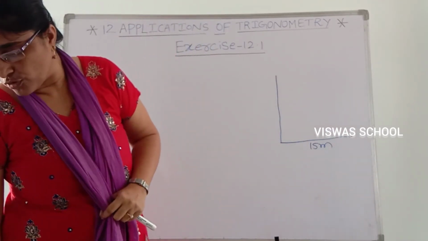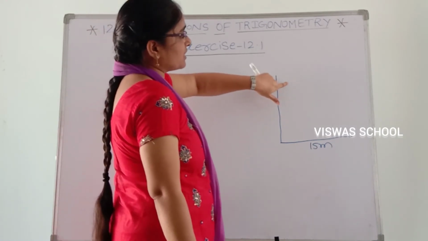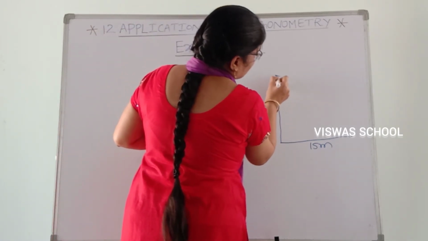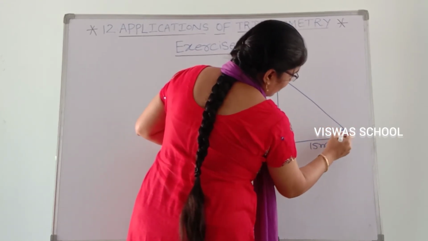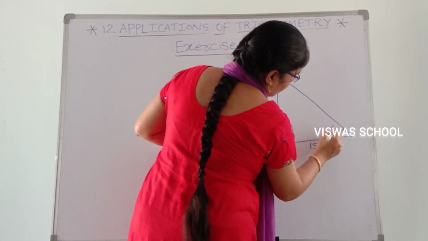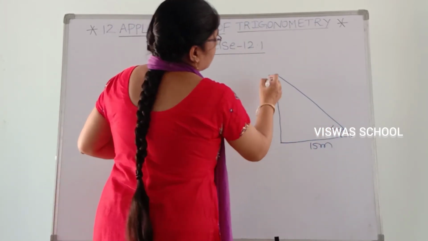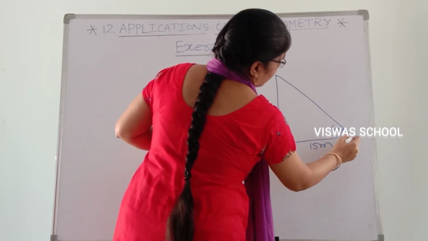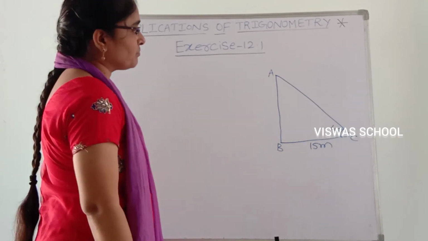And here the angle of elevation is what? The angle of elevation of the top of the tower is 45 degrees. This is the top of the tower, and this angle of elevation is 45 degrees. I am naming these as A, B and C. B is a right angle.